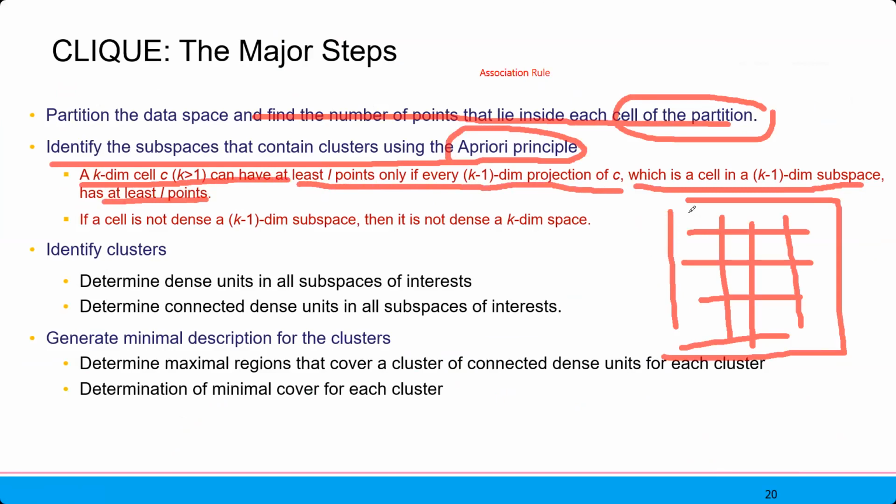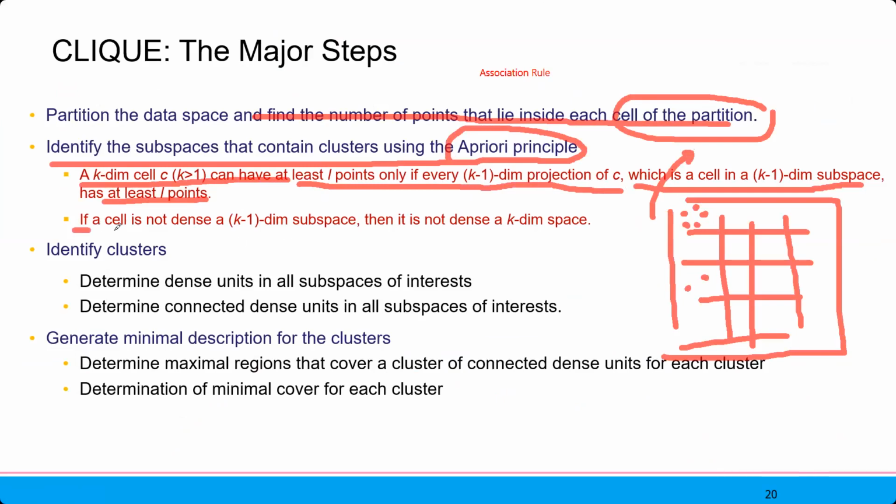Let's say in this data, in this cell, if it is frequent, then I can go to the next level. If this cell is not frequent, then I do not need to go to the next cell.